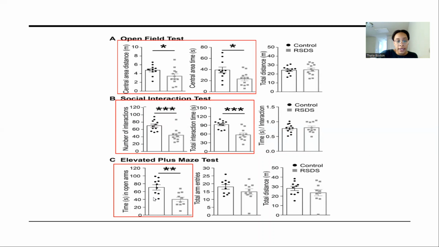And then lastly, in the elevated plus maze test, as we predicted, the more time they spent in the open arms, the less anxious they would show in their behavior. So in the experimental group, they spent less time in the open arms, and the scientists predicted that if they did that, then they showed anxious behavior.